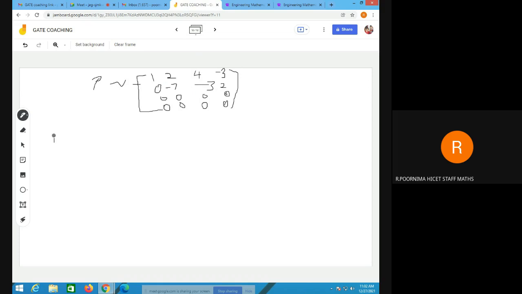So the rank of P equals the number of non-zero rows in row echelon form.